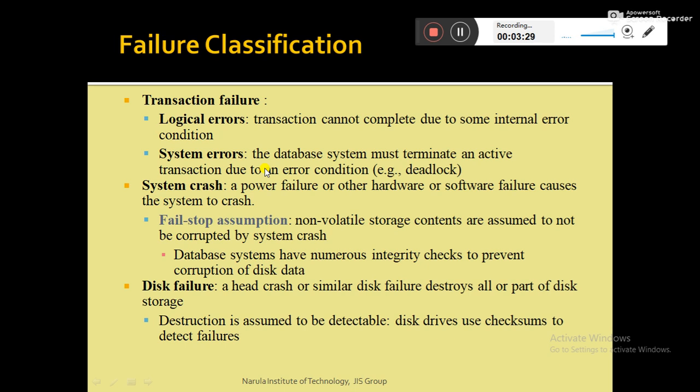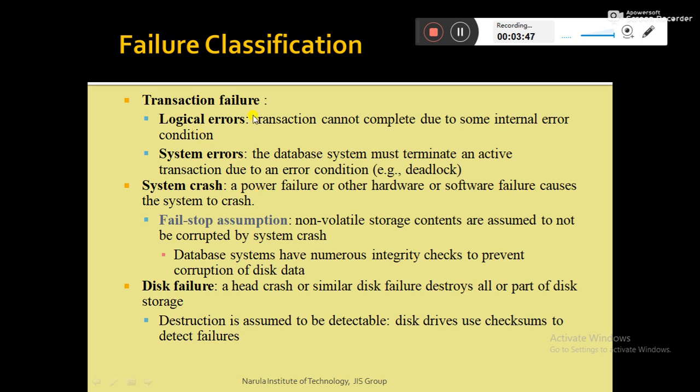That means the computer system will be in a deadlock situation, and no transaction can proceed with its normal execution. So one of the transactions needs to be rolled back, and that is why a transaction may fail. This is the kind of system error that we may observe.